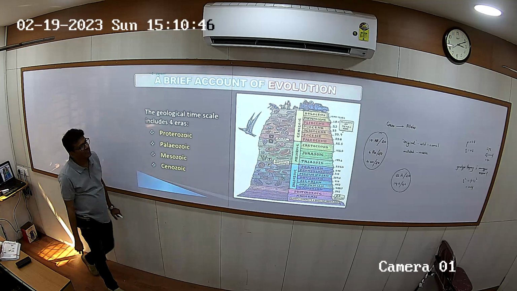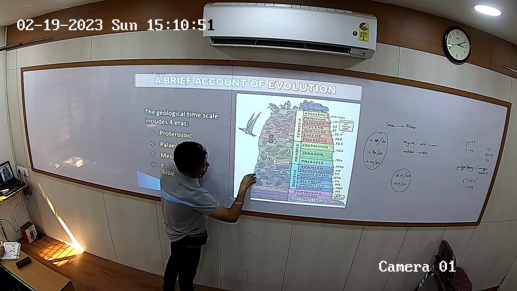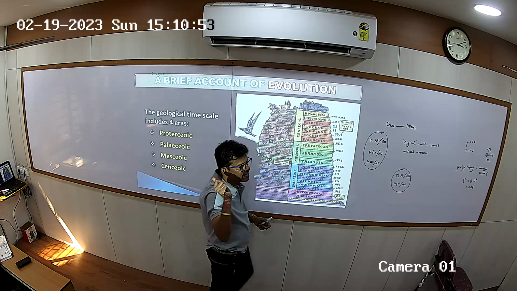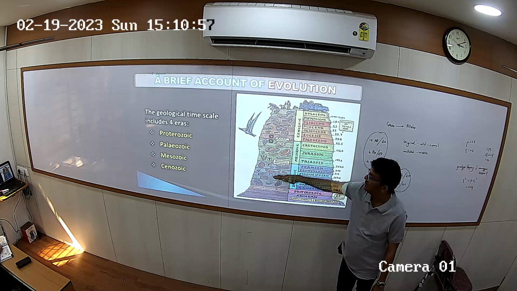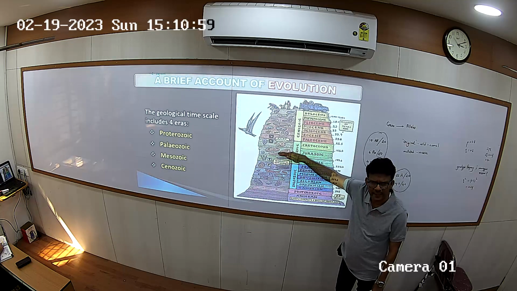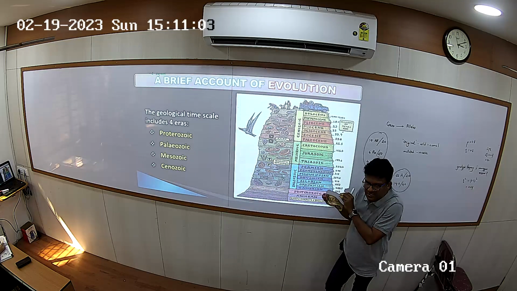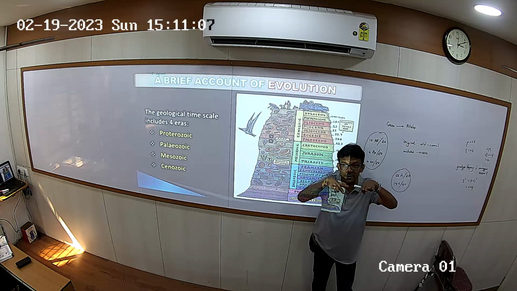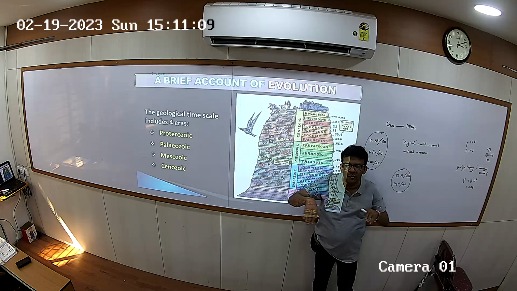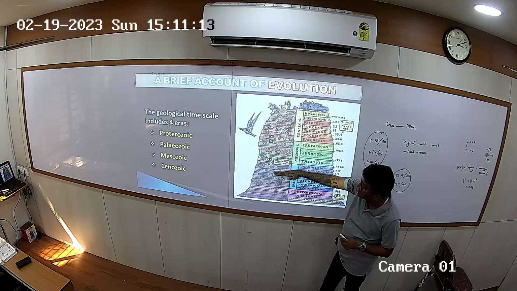Now, in this, you will find the layers of sedimentary rocks. Everybody see this diagram carefully. These rocks are formed during volcanic eruptions in a particular period. Yesterday we discussed it, right? Whenever there is a volcanic eruption, lava will come out and spread onto the surface. It will form a layer of sedimentary rock because it is layered rock.